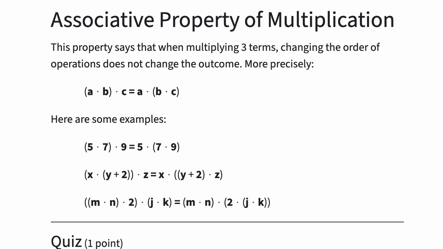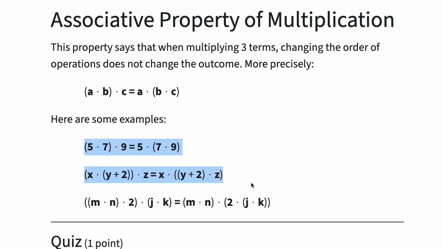The associative property of multiplication says that when multiplying 3 terms, changing the order of operations does not change the outcome. More precisely, (a times b) times c is equal to a times (b times c).